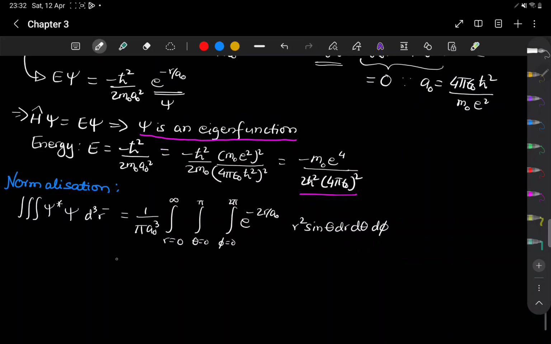So the phi integral is straightforward, that is simply 2 pi. And then we need to do this theta integral.